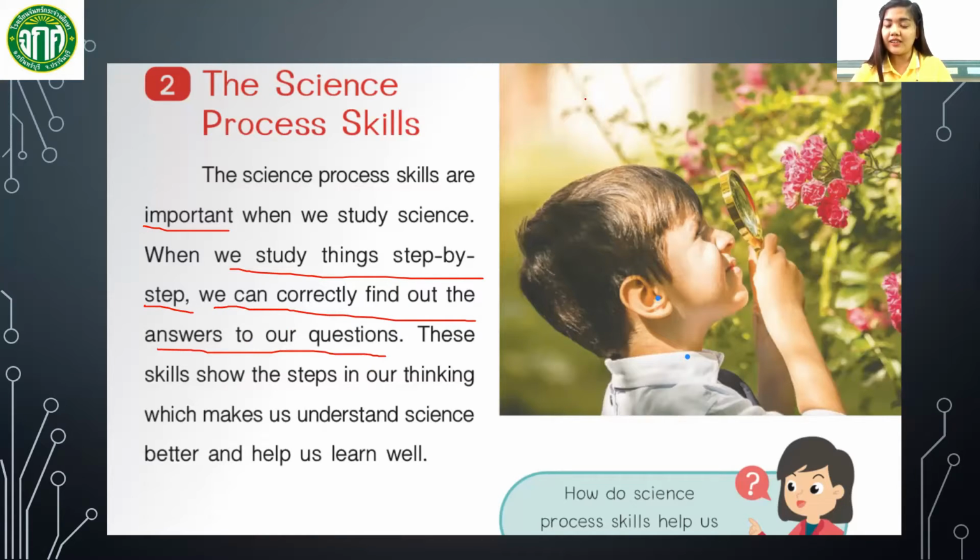Okay, do you understand? Okay, so once again, we use the science process skills to find out the answers to our questions. Okay, let's move on.